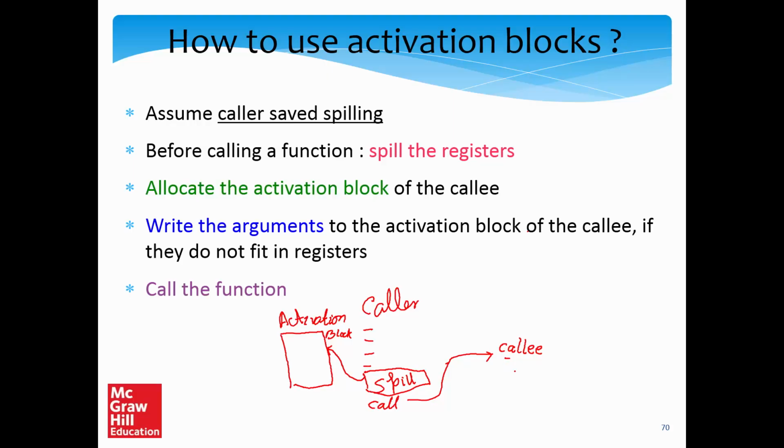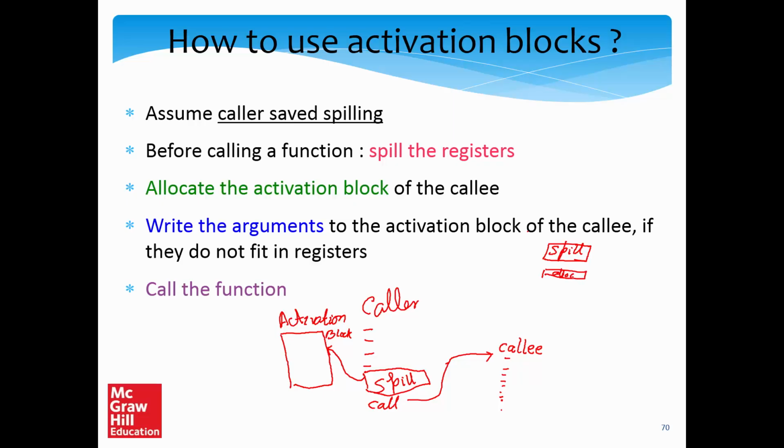We start executing all the instructions. This is one example where the arguments are being passed via registers, but we can alternatively also pass them via the activation block. In this case, we spill the registers, and then the caller allocates an activation block for the callee.